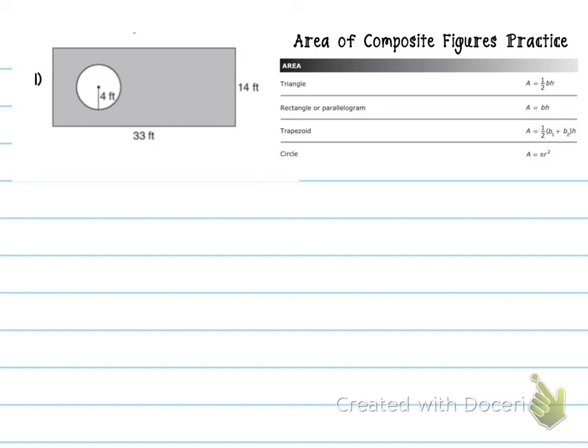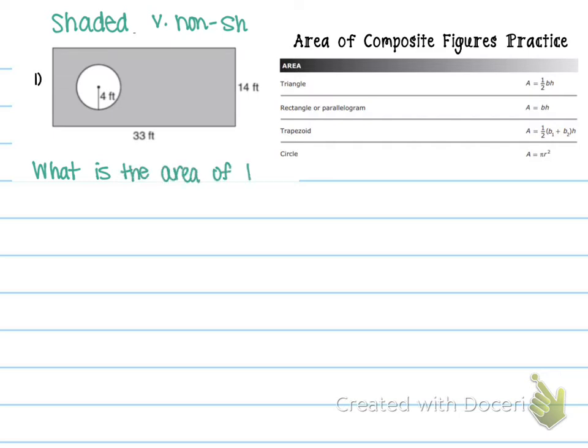But when you have shaded versus non-shaded, it's asking what, and you don't have to write this part down, what is the area of the shaded? Okay, so that means that we are going to find both areas.